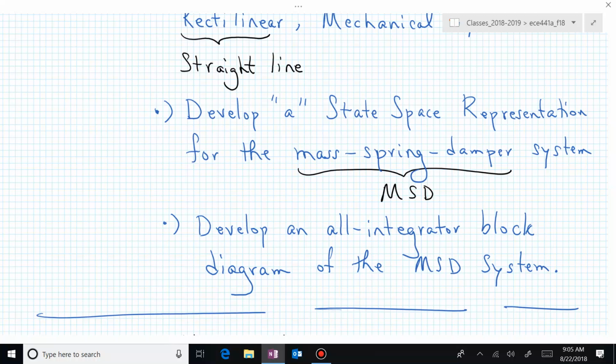Then we will move into all integrator block diagrams, which are really just analog computers. If we had an analog computer in the lab, we could go over and interconnect it and solve these differential equations based on this all integrator block diagram that we've built up for a given system.